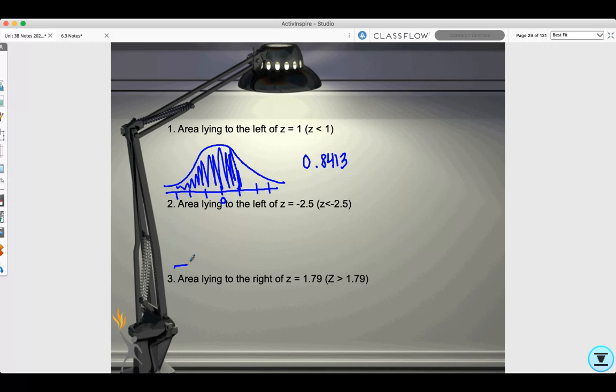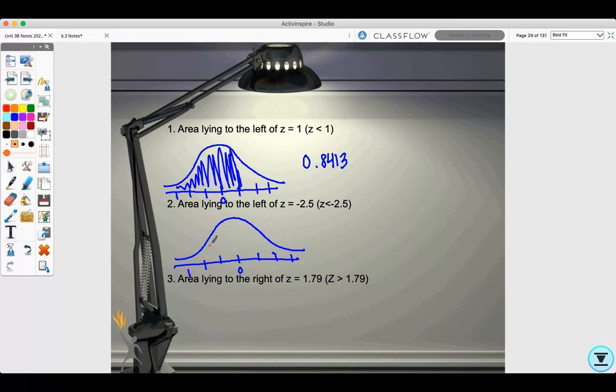Now let's look at number 2, the area to the left of negative 2.5. Again, you need to draw your normal curve. This is negative 1, negative 2.